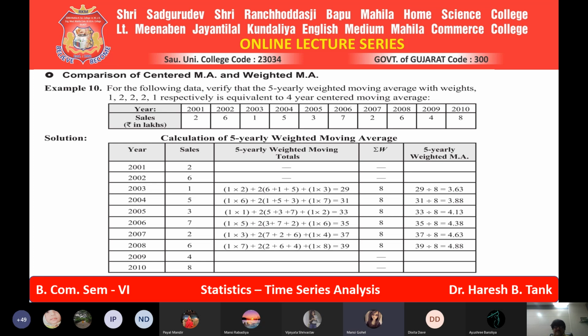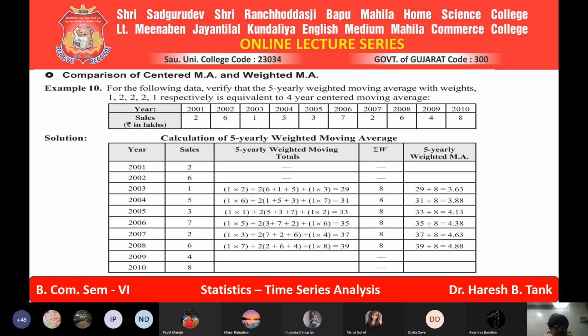What should be done next? What should we do? 2 plus 6 plus 1 plus 5 equals 14. We should put it in between 2002 and 2003.